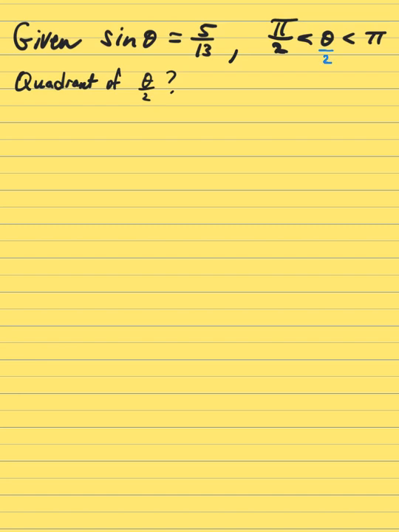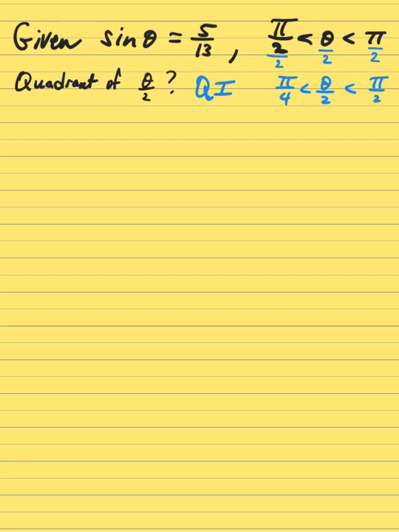Theta over 2 requires dividing everything by 2, and so that gives us pi over 4, which is 45 degrees, and 90, or pi over 2 radians. So that tells us that our half angle is going to be in quad 1. Quad 1. That's the first thing we're asked on this homework problem.